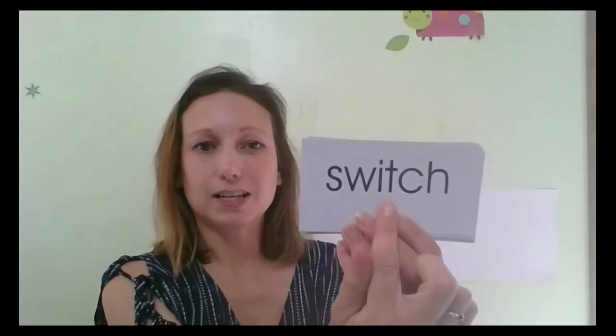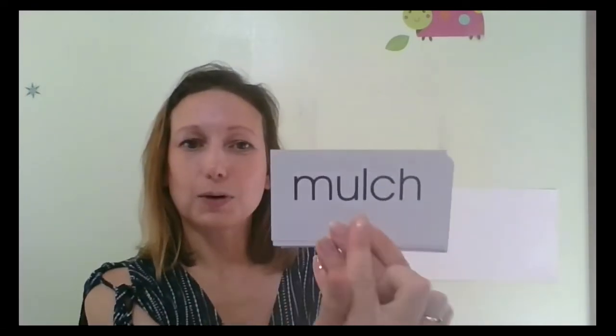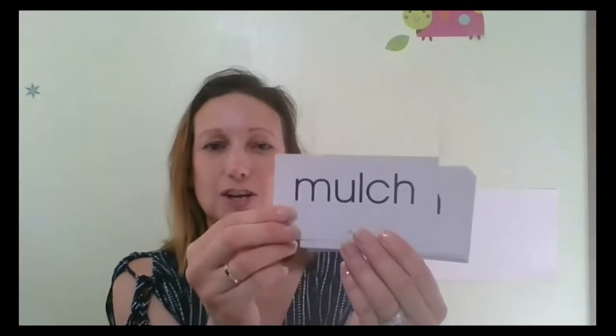You read it, and then I'll say it so you can check your work if you need to. Sound the word out and then say it again smoothly. Mulch. Switch. Here we hear I, so we use the long spelling. Here we had an L, a consonant before our ch sound, so we use just CH.